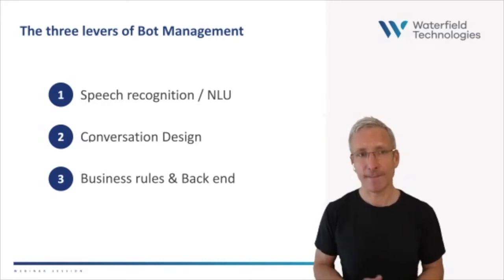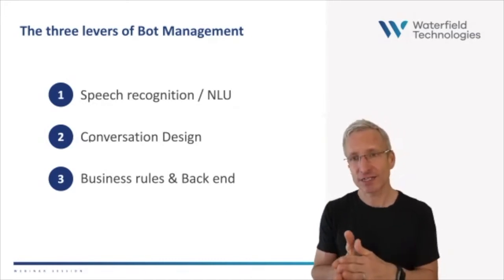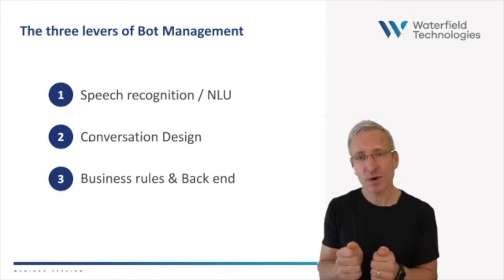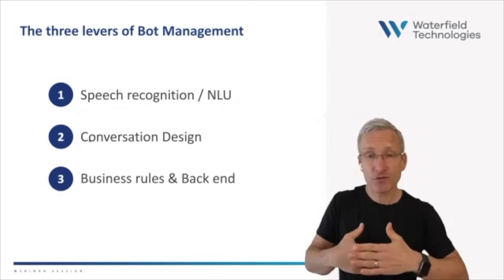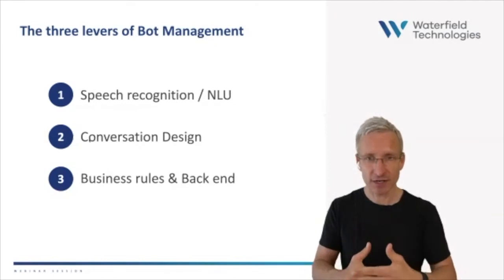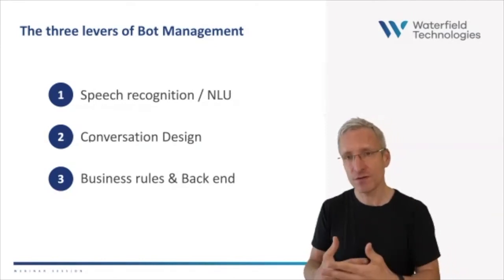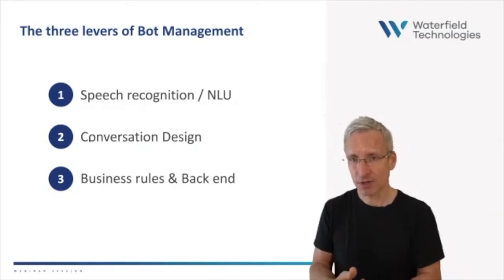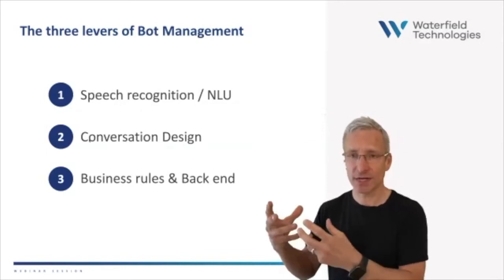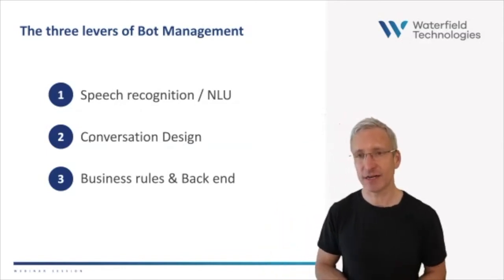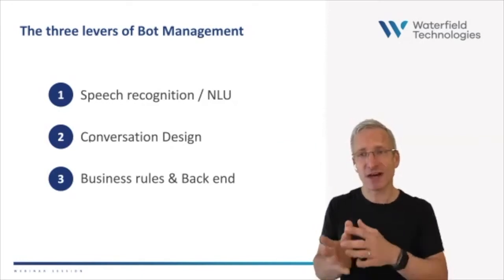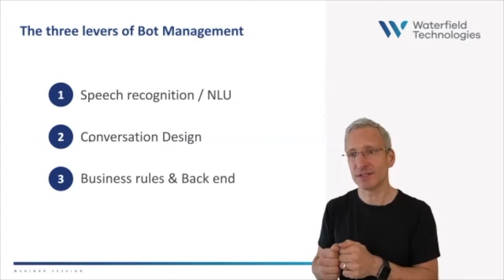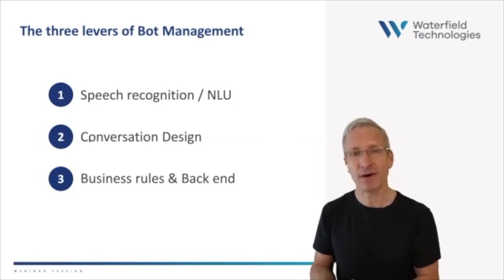chatbots. Now, speech recognition and natural language understanding, here's where you're trying to tune the speech recognition and improve the natural language understanding model, maybe the grammars you're using or the intents and entities that you specified in a more modern conversational AI platform, to make sure the system understands what customers are saying and what they mean by that.